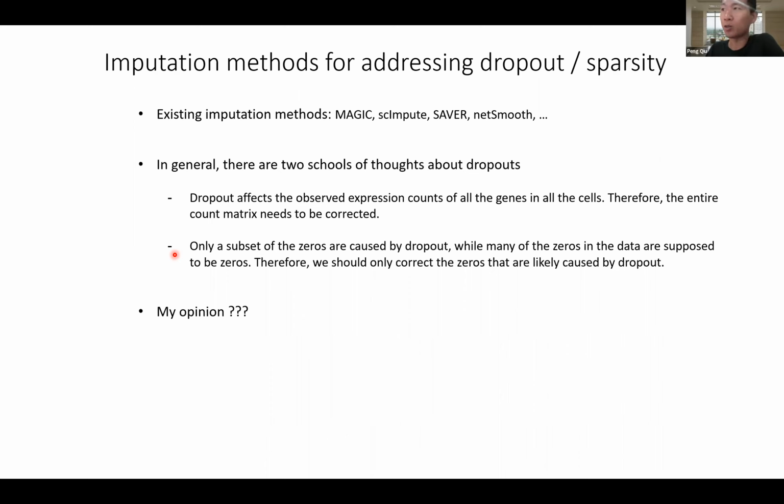Therefore, we should first identify which zeros are supposed to be zeros, which zeros we want to correct, and only correct the latter kind of zeros. My opinion, I'll put a question mark here, is somewhere in between, but we'll circle back to this after we talk about these two algorithms, MAGIC and SC-impute.